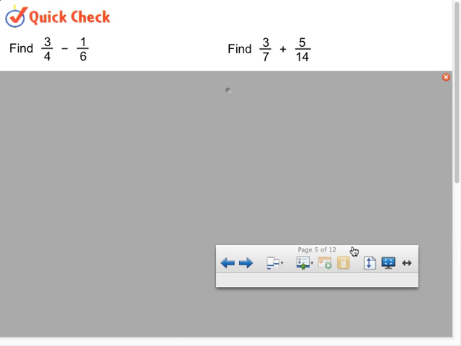Now, find the sum and the difference of these two fractions really quickly. Let's do this. Really quickly. Work them out.